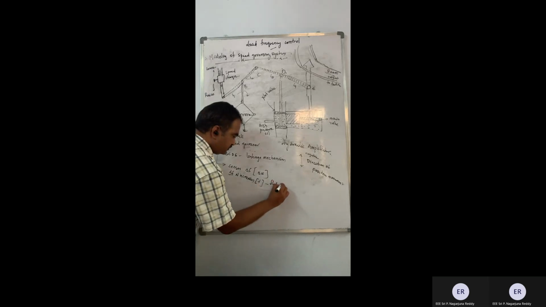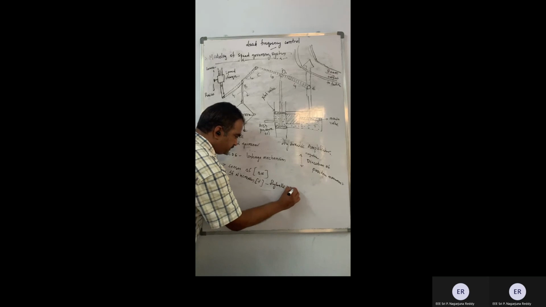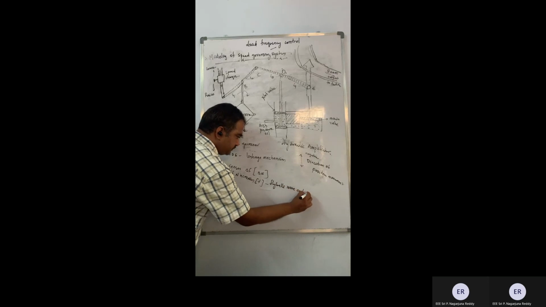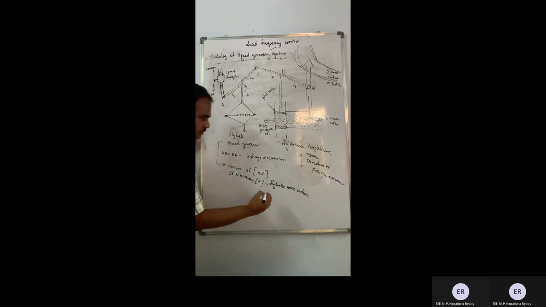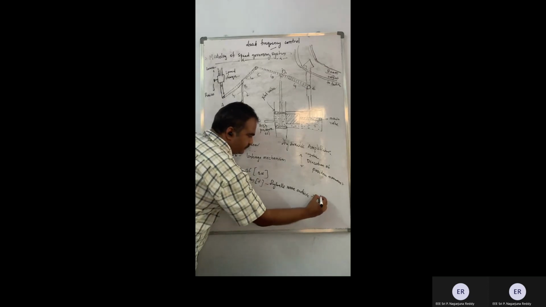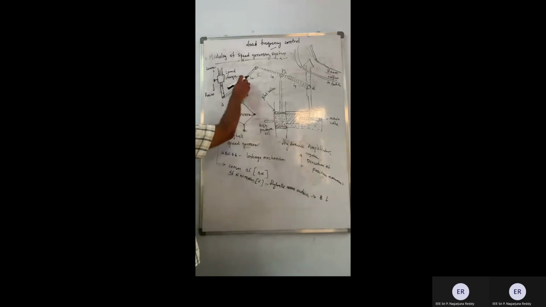The fly balls move outside. See, there are two fly balls here. As the speed increases, these fly balls move outside. If they move outside, this is a spring type of mechanism. So this will lead to point B coming down.